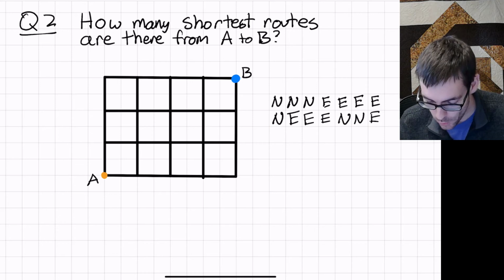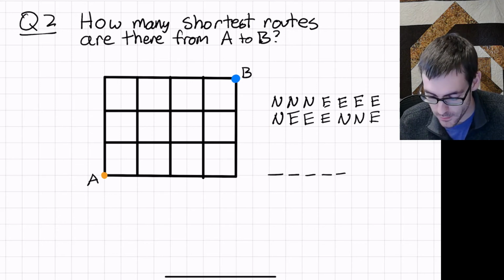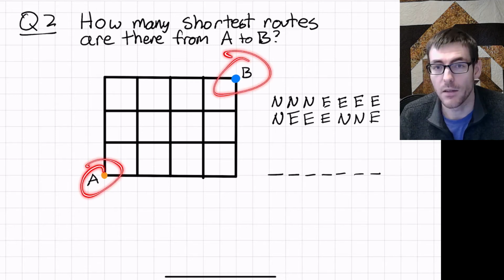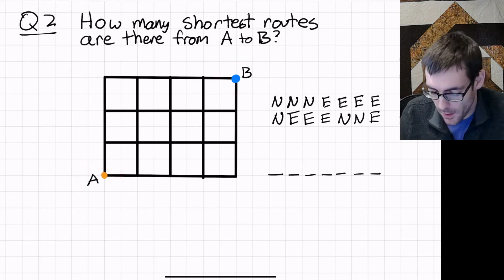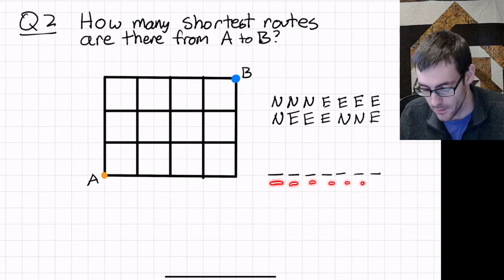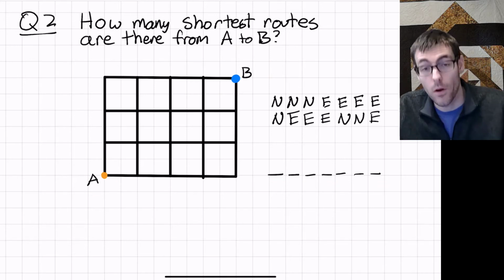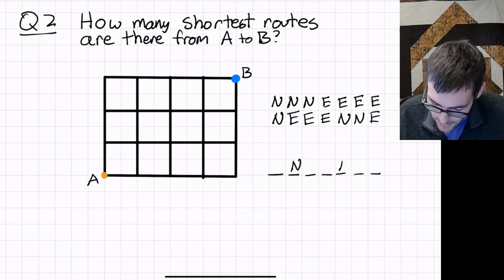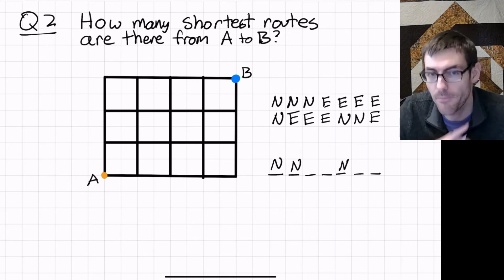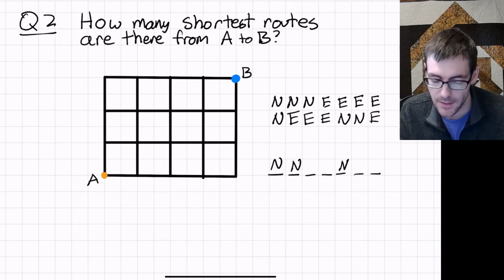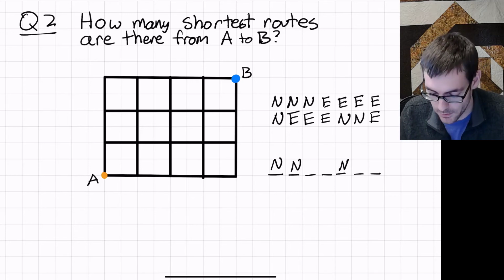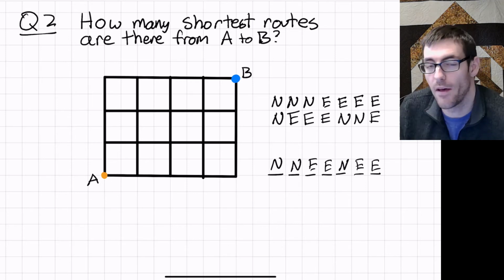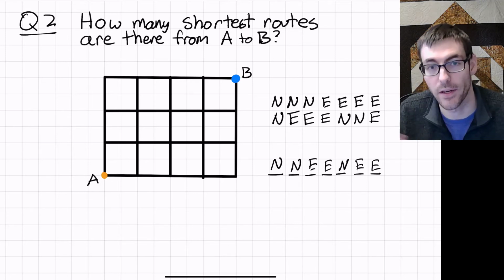So out of our total of 7 blocks walked, a choice of route going from A to B amounts to a choice of 3 of these that are our north blocks. So I could go in and say maybe it's this one, and this one, and once I've made that decision, then it's implied that our remaining blocks are all east blocks.